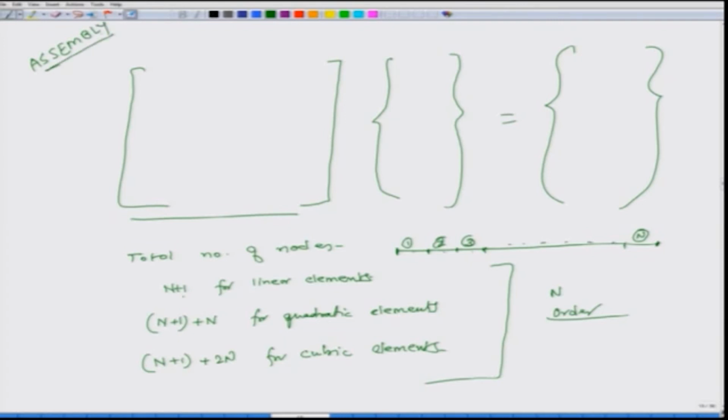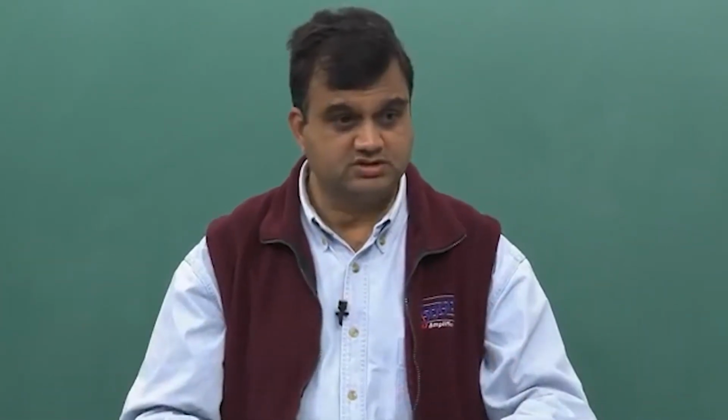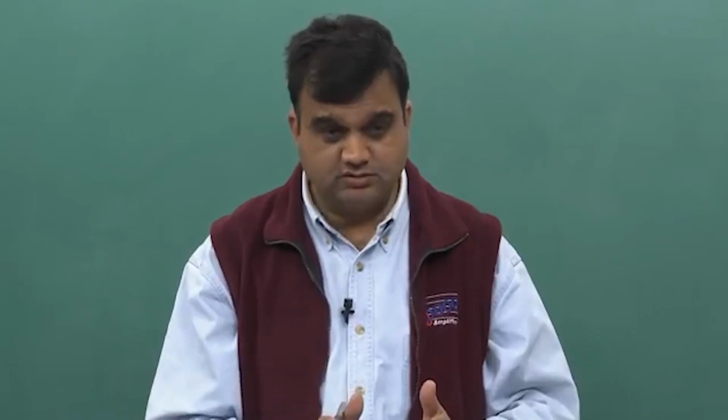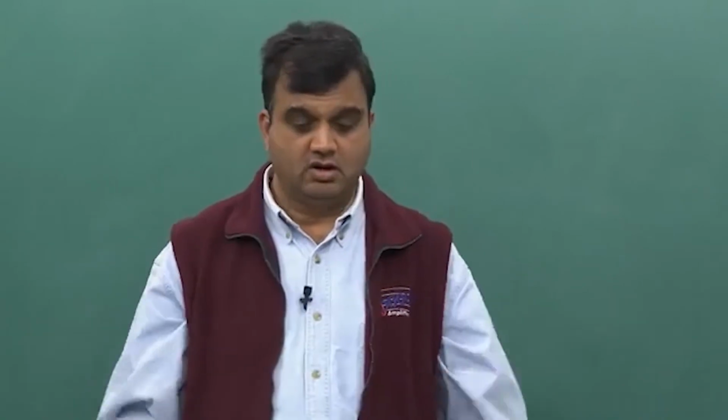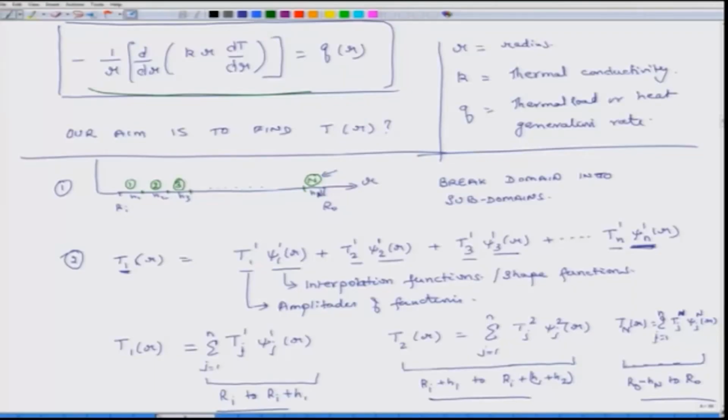Once we have done the assembly, I have captured the whole geometry of the system in my equations. We have started from r equal to ri to r equal to r naught, so the whole geometry is captured. Also, I have captured material properties, because when I am finding the error, the material property comes in.